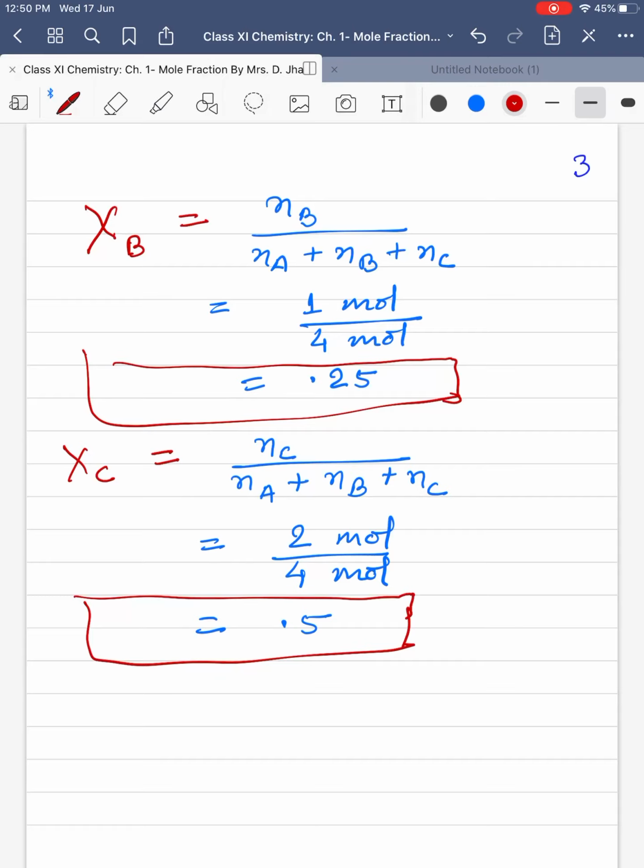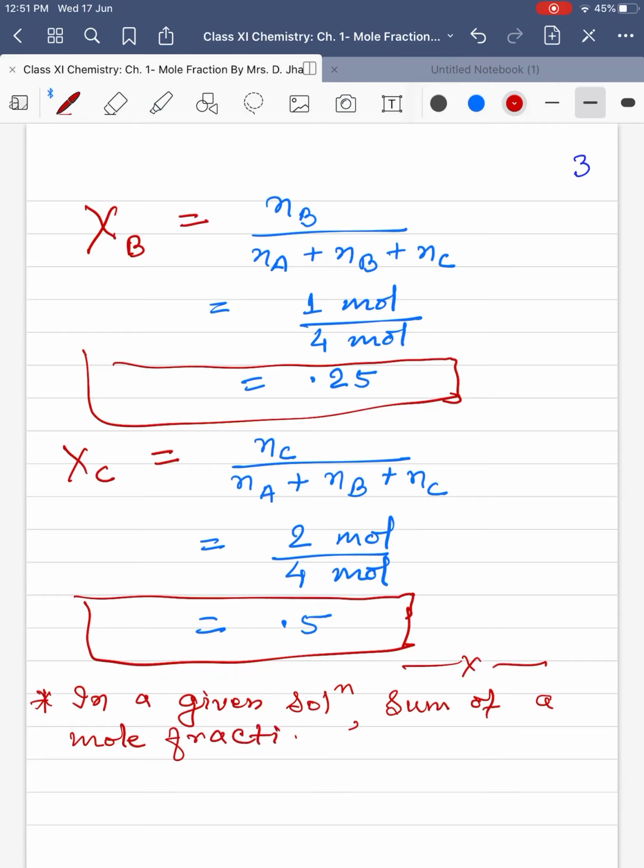Students, in a given solution, the sum of the mole fractions is equal to 1.